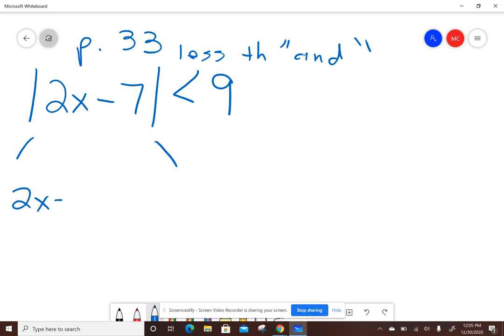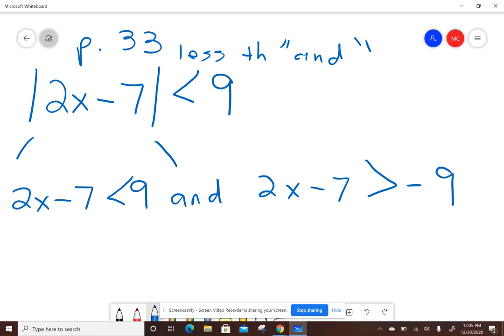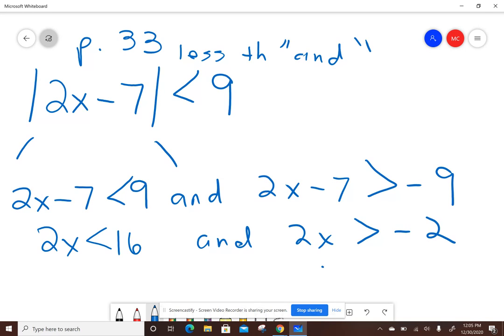Either 2x minus 7 is less than 9, and 2x minus 7, flip the sign, is greater than negative 9. So this becomes 2x is less than 16 and 2x is greater than negative 2. This becomes x is less than 8 and x is greater than negative 1.